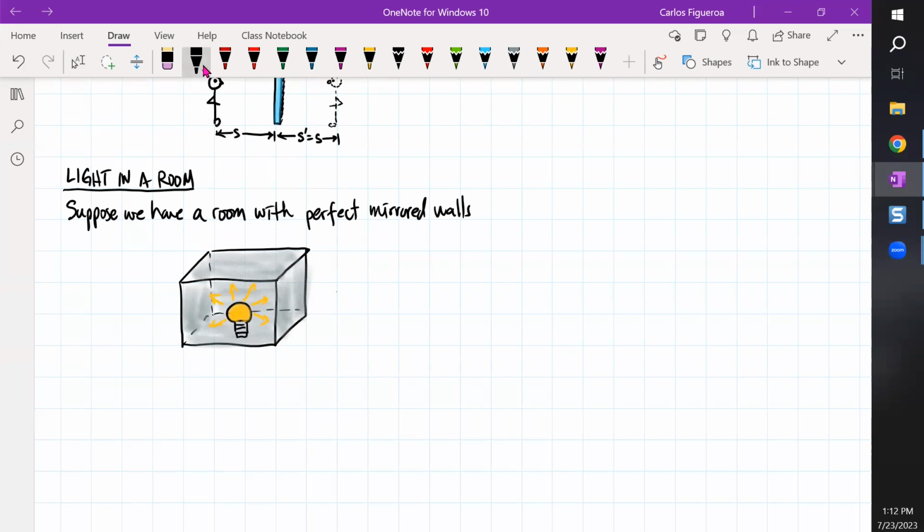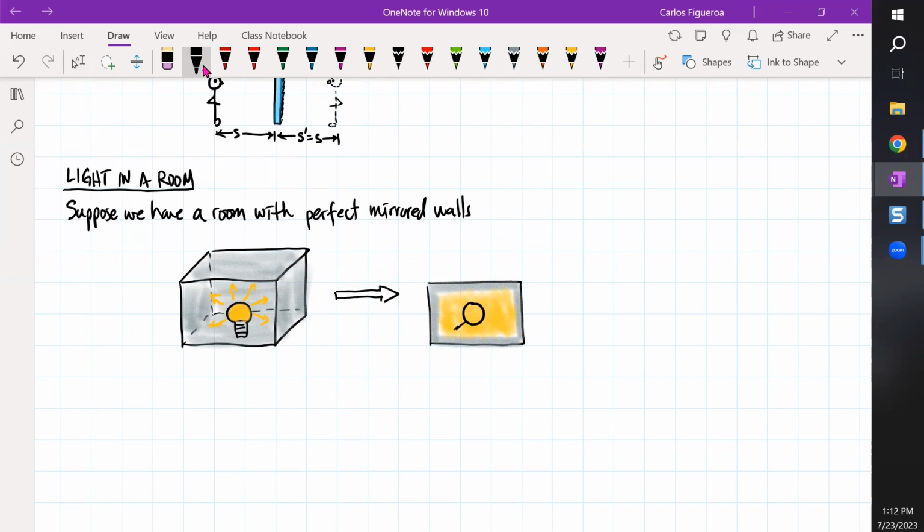So instead of drawing this complicated picture, I'm going to simplify this picture for right now, and I'm just going to say that I have a rectangular box like this. And what I do know is that I have this silver mirror all the way around. And then this light bulb is going to light up the whole room. And that's what I'm using the yellow for. So then I'm going to imagine that this is my light bulb.